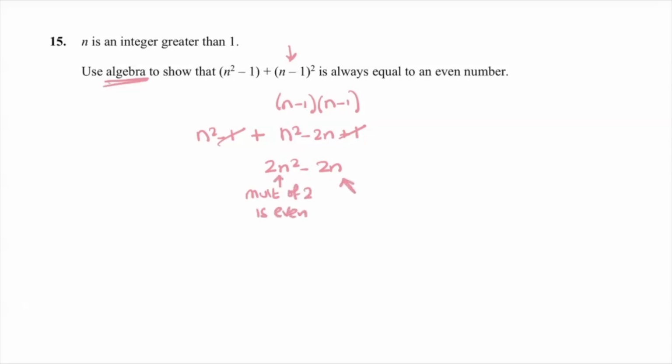This, I might put an arrow to that as well. This is also a multiple of 2. Now, an even take away even will always equal even. So I've covered all my bases and I've really explained it. I've done the algebra, I've explained the algebra, and wherever possible, I would encourage you to do that, as I said, on a proof question.